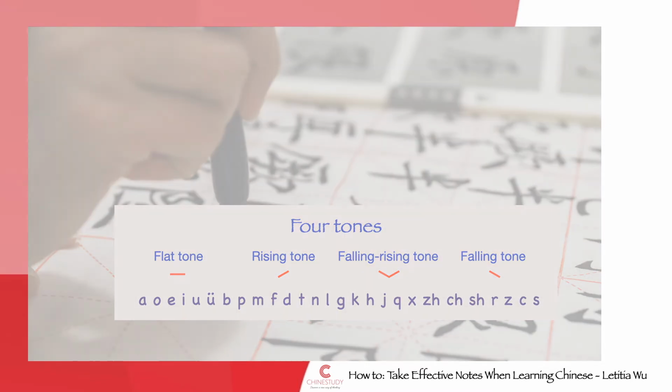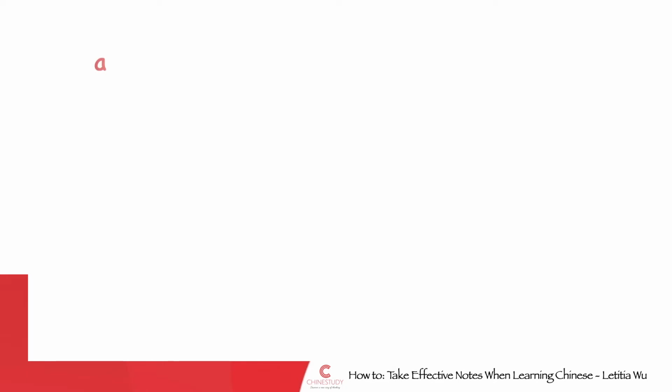For example, the pinyin A looks precisely like the English letter A, but the sound is entirely different. And with the 4 tones, this pinyin can be flat, A, rising, A, falling rising, A, and falling, A.